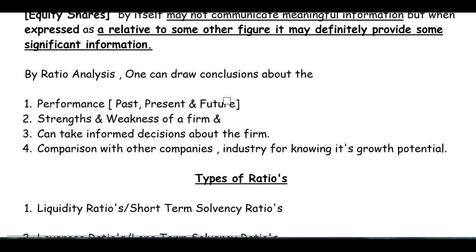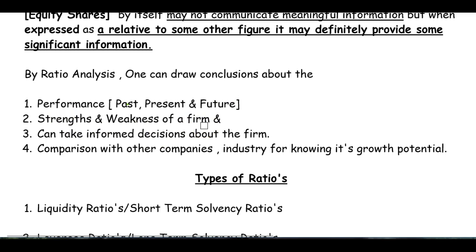That is the reason I have taken Infosys as an example. Infosys is performing well just by looking at earning per share, because its growth potential is increasing time and again. And we'll come to know the strength and weakness of a firm.